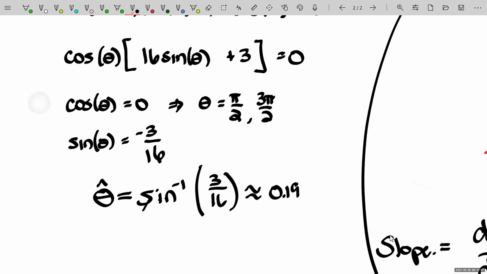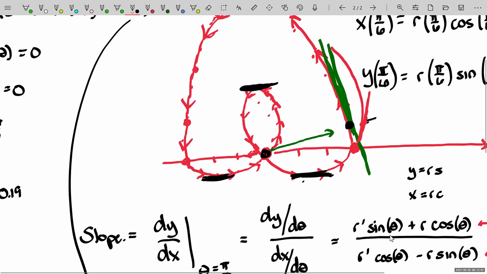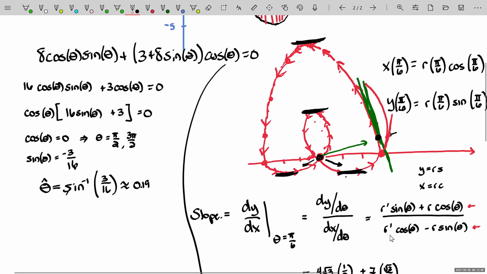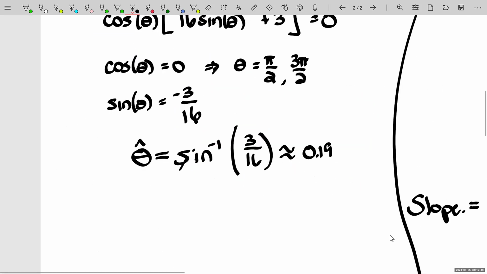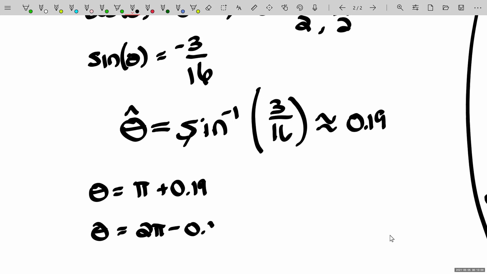And just to let you know, this is a quadrant 3 angle and that's a quadrant 4 angle. So I have this reference angle for quadrant 3 and quadrant 4. That means that theta in quadrant 3 is pi plus that, and theta in quadrant 4 is 2 pi minus that reference angle.